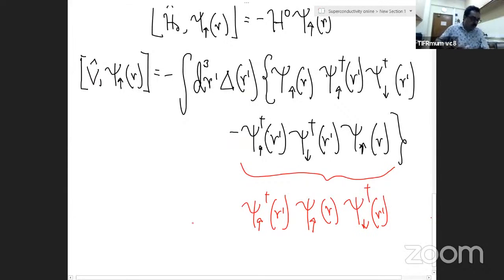Now I can do something else, and what is that something? Let me think of what I had done because I have completely forgotten. Okay, I will take the first two terms and apply the commutation relation, and then what I will get is this.